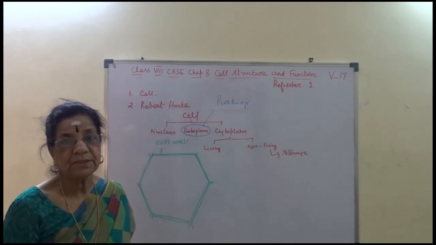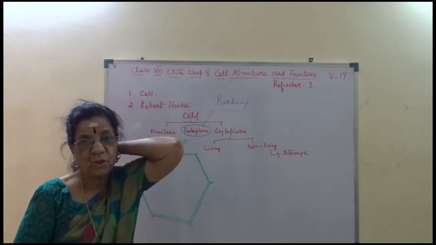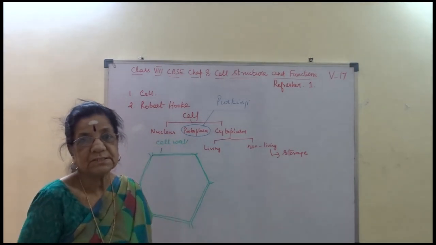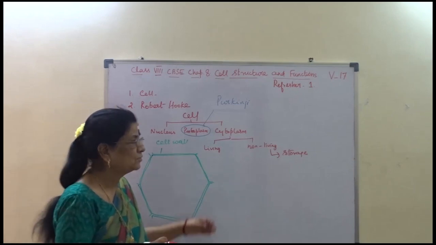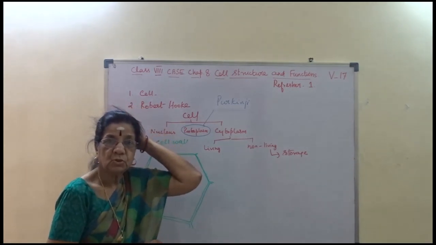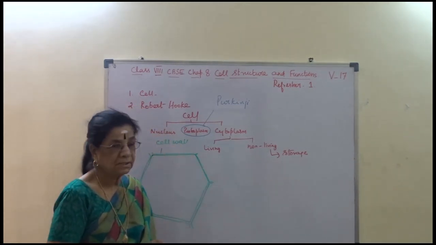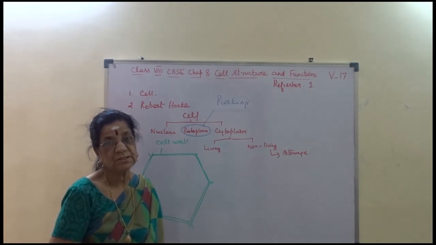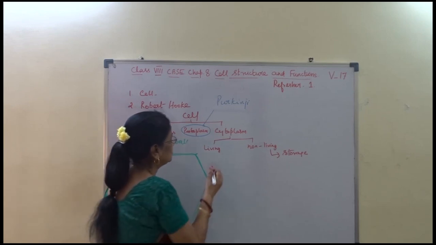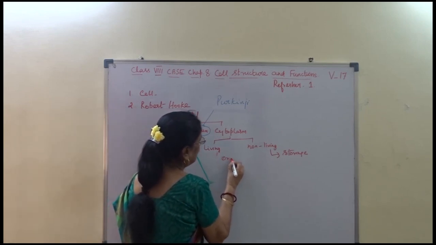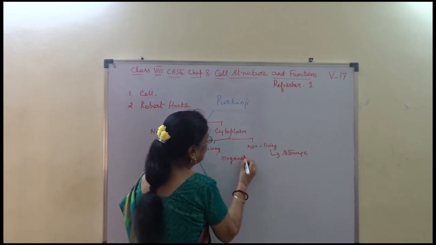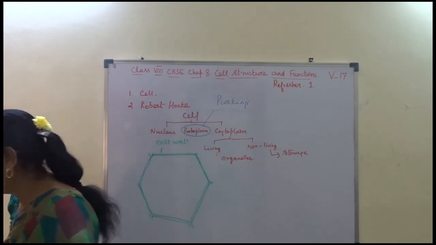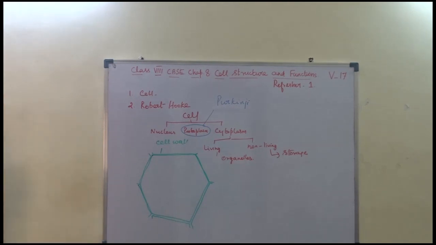The reserve food material, oil, fat droplets, glycogen, starch, these reserve food materials or storage materials are included under non-living inclusions. Whereas living inclusions are normally called organelles.